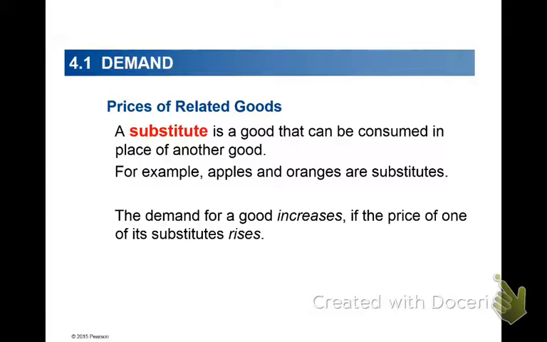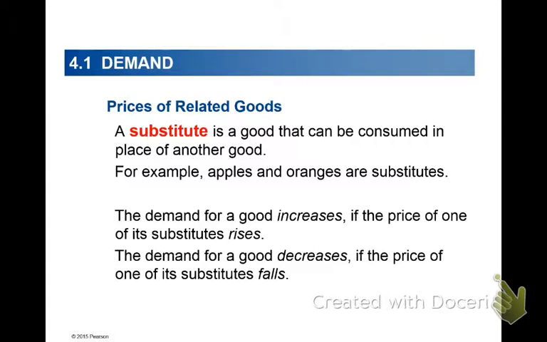The important issue is the following: the demand for a good increases if the price of the substitute rises. So imagine this: imagine the price of Coke is going up, right?